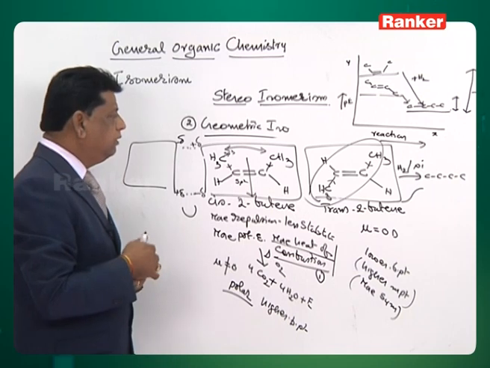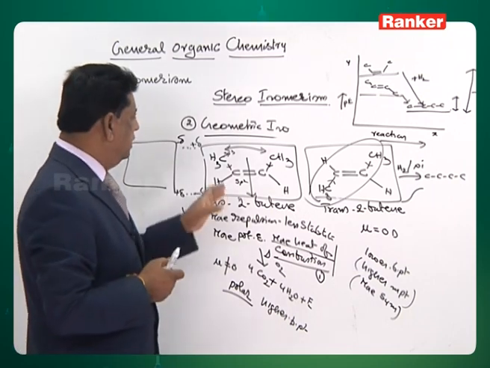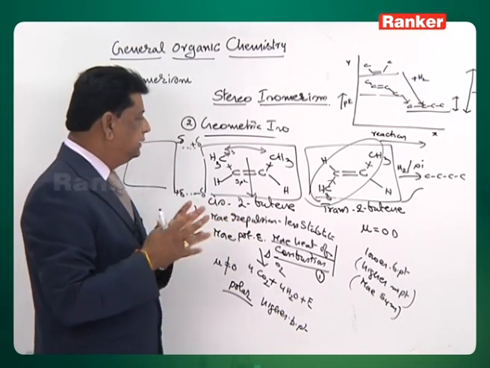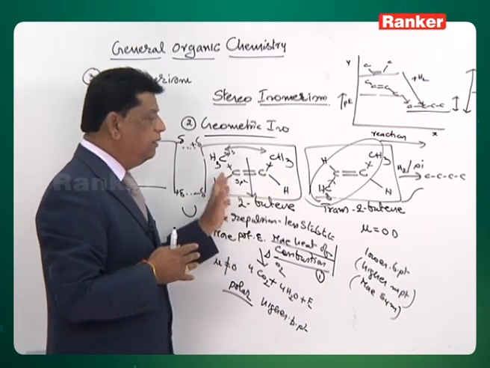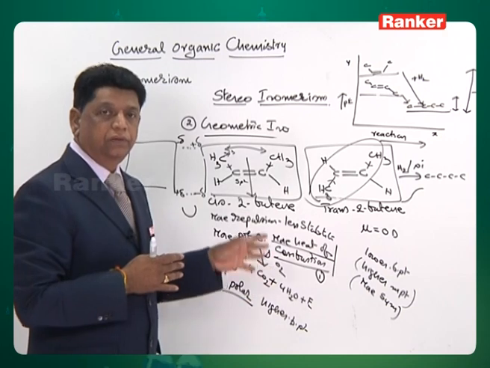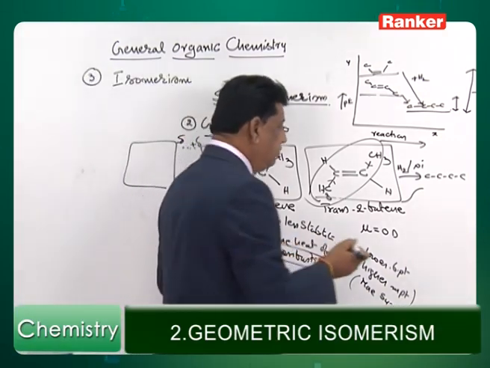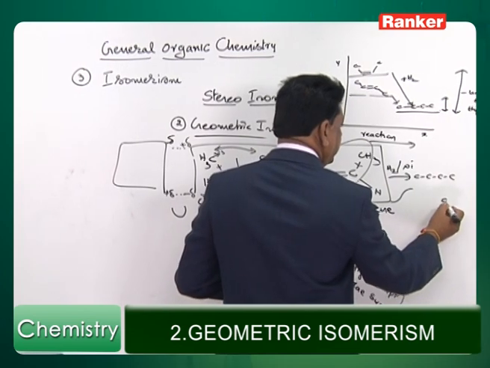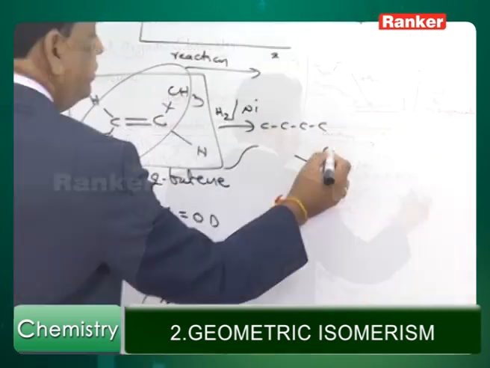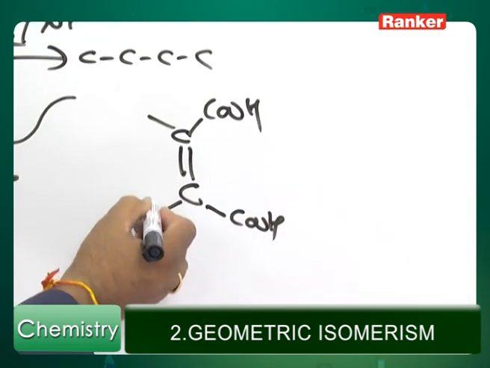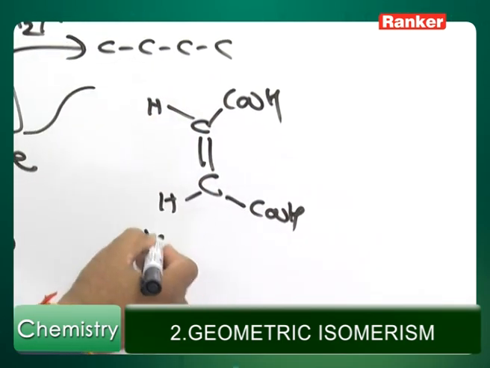Like this, geometric isomers will have clear-cut groups on the opposite or same side, which makes the molecular formula the same, but we observe a number of differences in properties. Similar is the case, we have a wonderful example in a double bond containing two COOHs on the same side. That is called maleic acid.